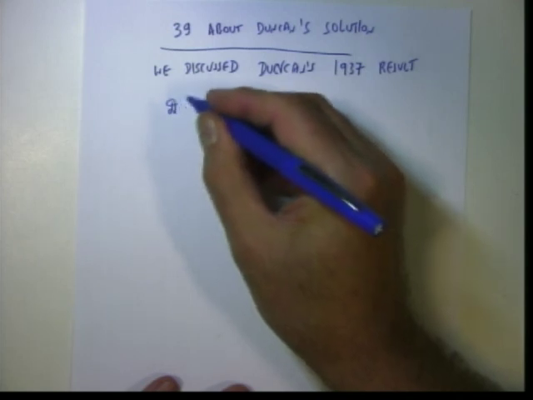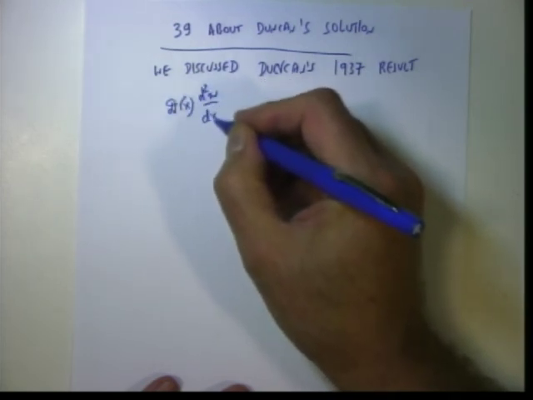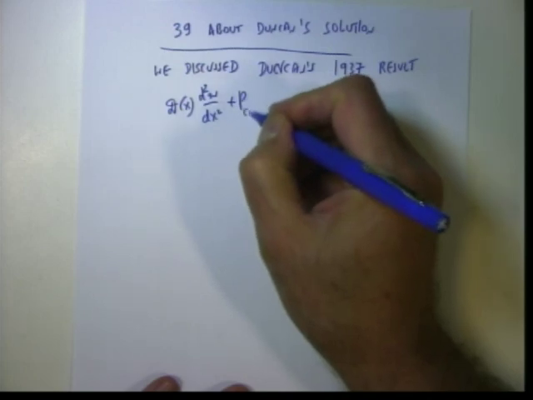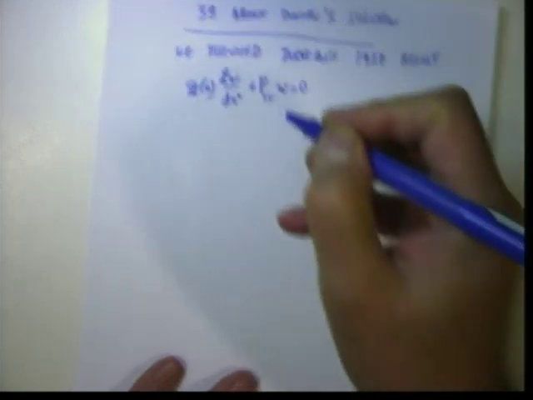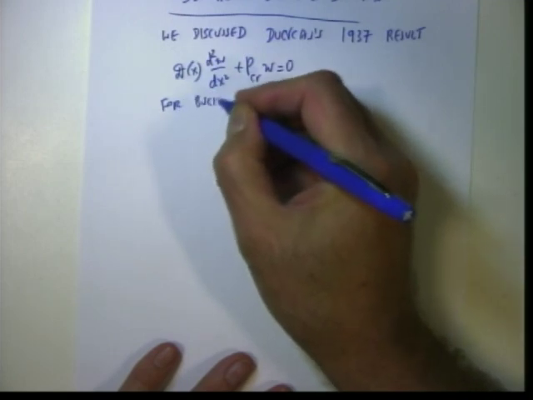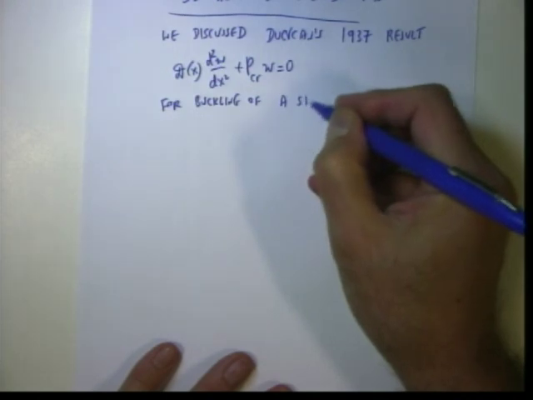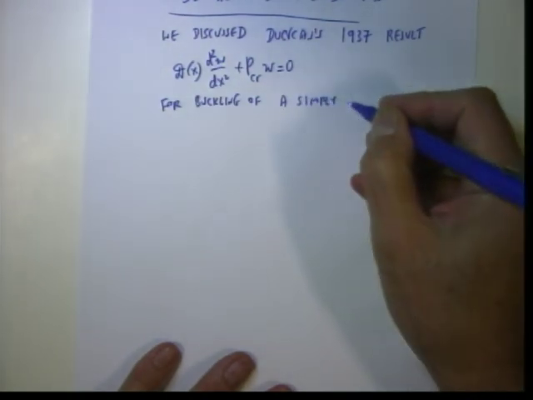So that is D of x, d2w dx squared plus P critical w equals 0 for buckling of a simply supported column.